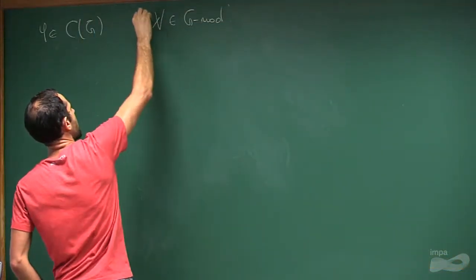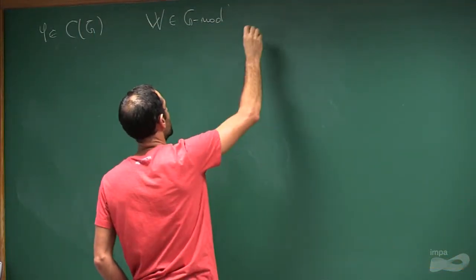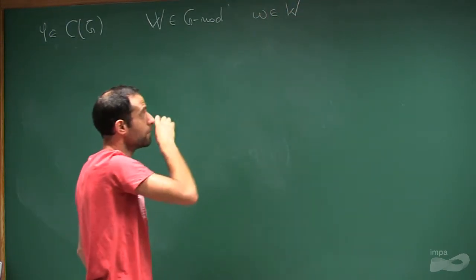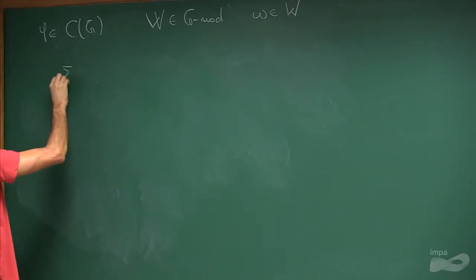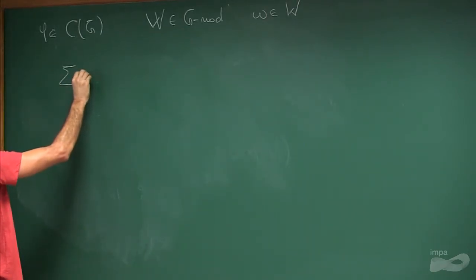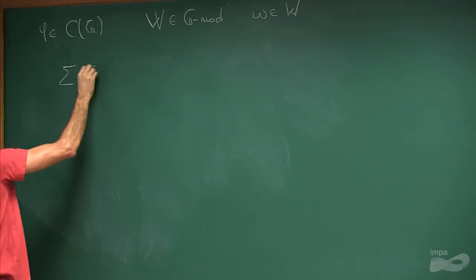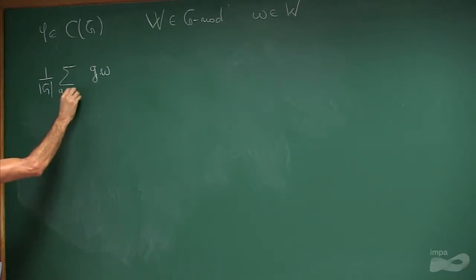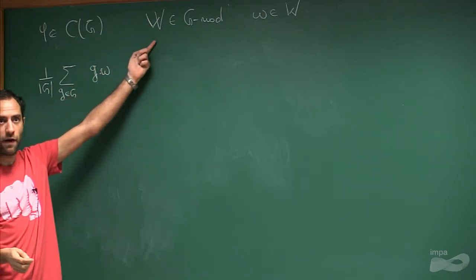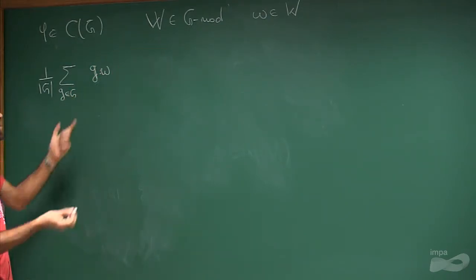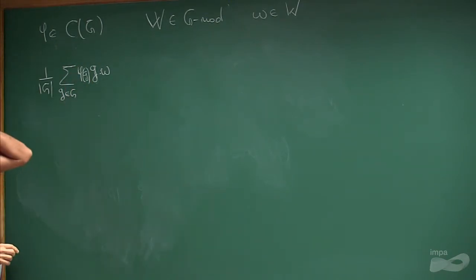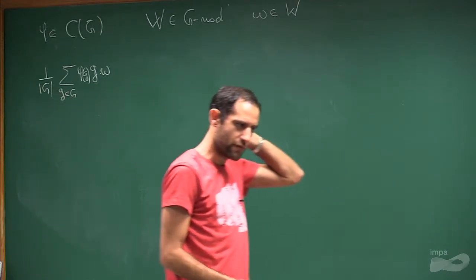Let me say W before, so that I don't confuse with that V. And we have some vector w in W. So then again, if I look at the sum of all the g's acting on w, and then I normalize this by the order of G, this is a vector in W that is invariant. That's the only idea that we've exploited. But how about we look at phi of g times g acting on w? Is that vector invariant or not?